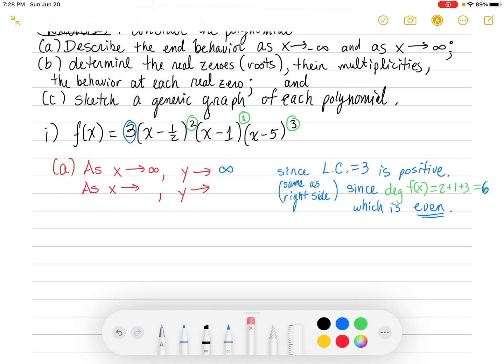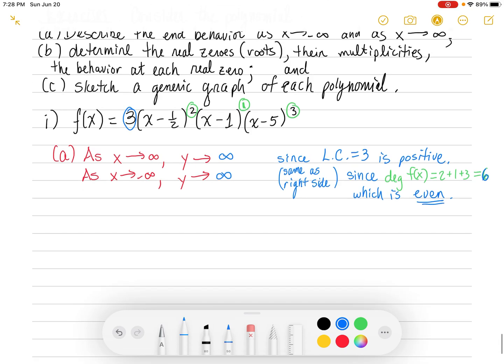Let me rewrite this. As x goes to negative infinity, that means on the left side, y has to be doing the same as the right side. So y also goes to infinity. Okay, so we got A done.